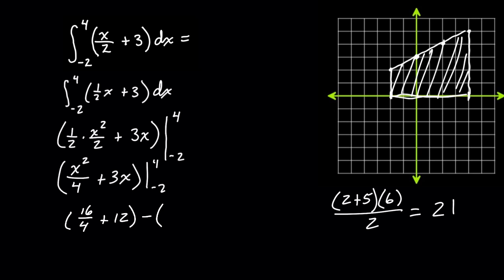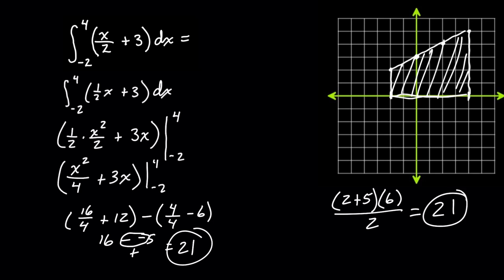So -2 squared is 4 over 4, plus 3 times -2 would be -6. That's going to give us 4 plus 12 is 16, minus 1 minus 6, which is -5. Subtracting your negative gives us 21, which is the same area as what we found geometrically.